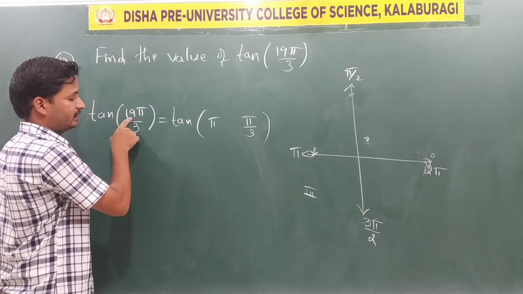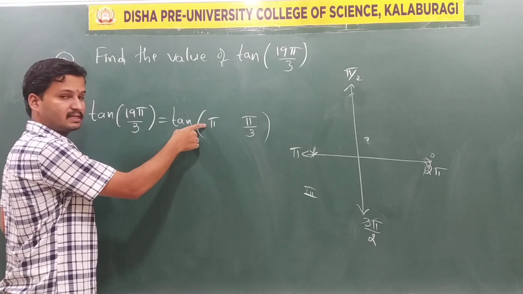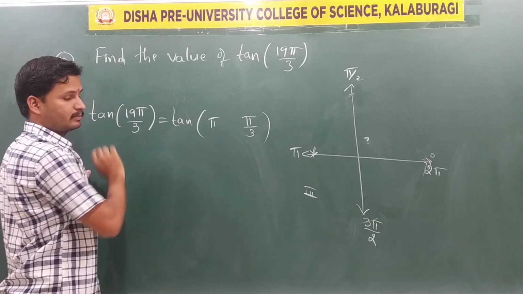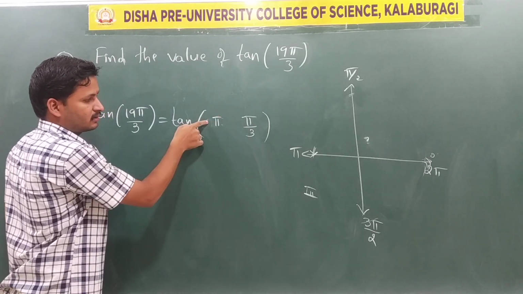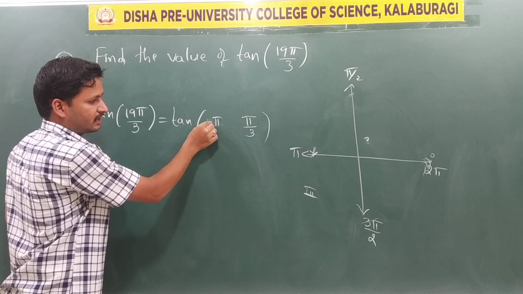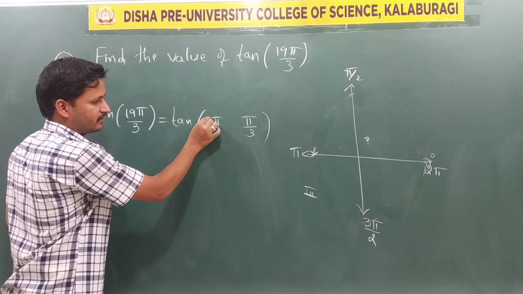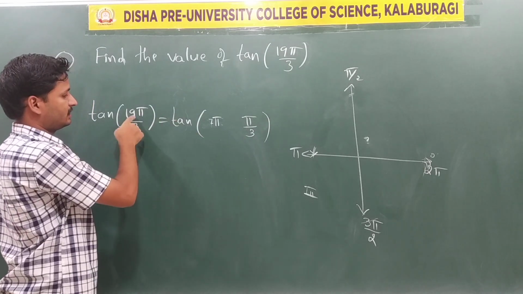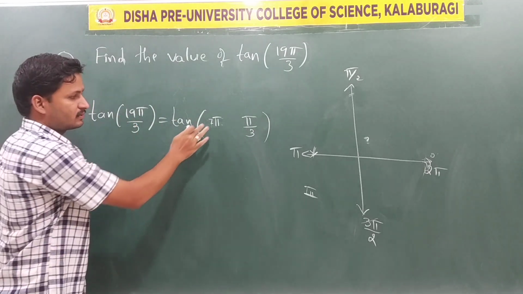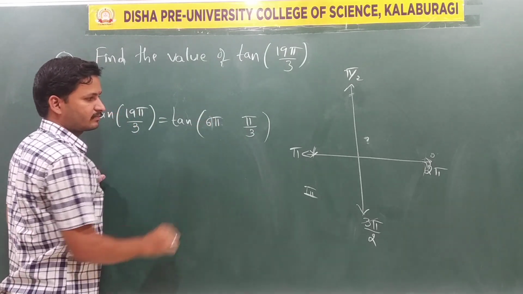So here 19 is there, definitely we need to multiply some number to get 19 pi by 3, correct? Just here I will write 7. See what will happen, 7 times 3 is 21, but here 19 is there. So here I will write 6.